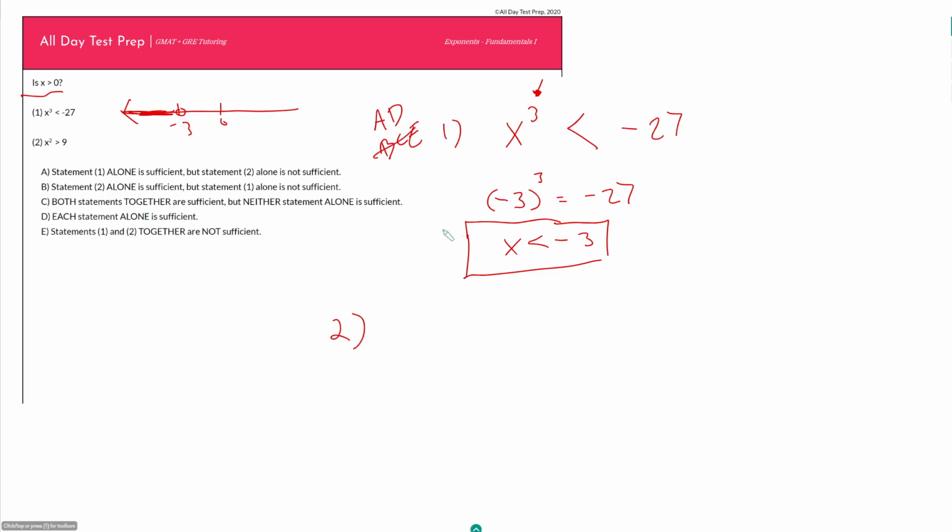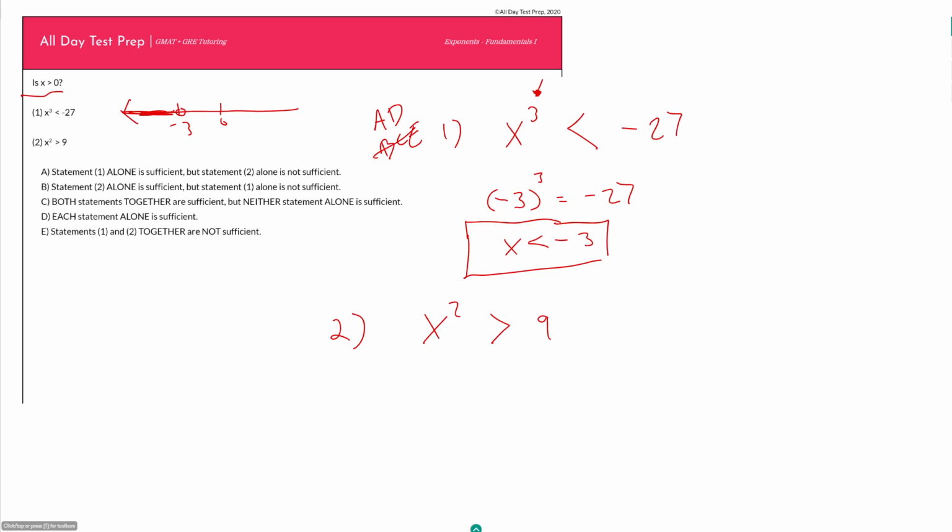Now statement 2 says x squared is greater than 9. The property of even exponents is that they are always positive or 0, and they're only 0 when the base is equal to 0. So if x squared must be greater than 9, here we have two options for what x can be.